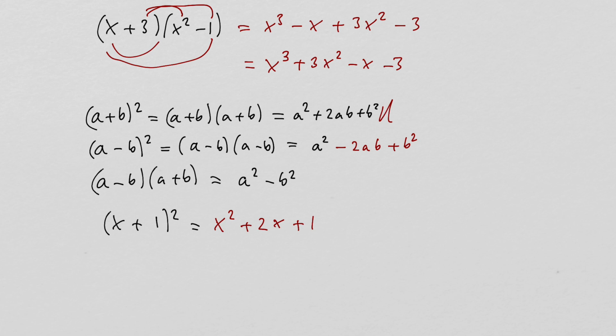On the other hand, if we would take (x minus 2) times (x plus 2), we would get a difference of squares. We would get x squared minus 2 squared based on this rule here.